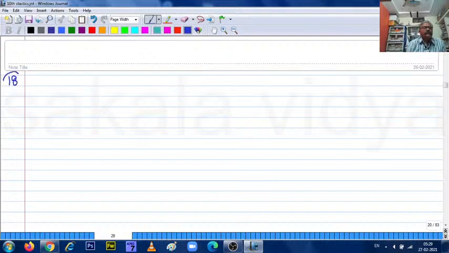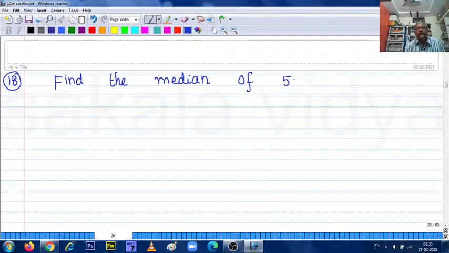Eighteenth question. Find the median of 5, 12, 19, 18, 26, 15.